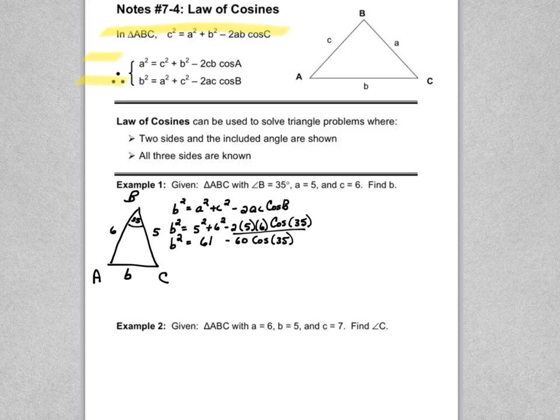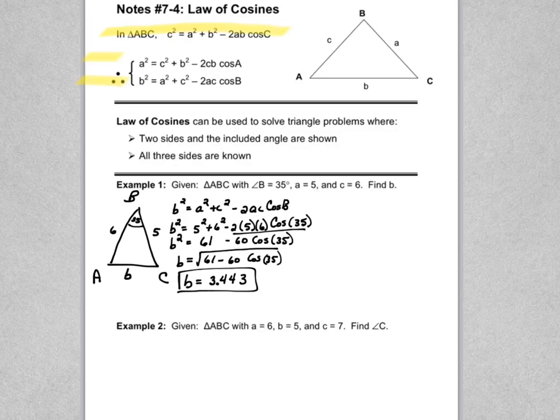So then when we find all that, we're going to have to take the square root of all that for B. So B is going to be the square root of 61 minus 60 cosine of 35. And when we do all that math, and you should take the time to do it, B is equal to 3.443. So we have successfully found side length B.